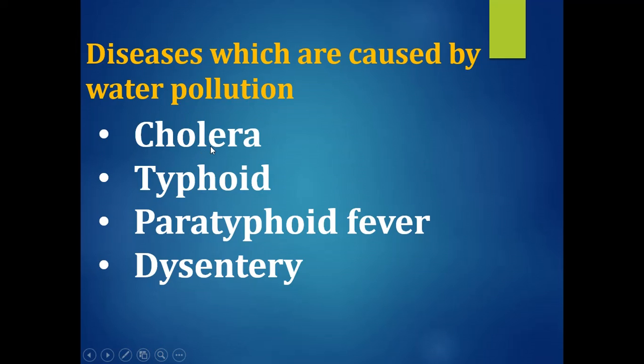Now we can see examples of diseases caused by water pollution, such as cholera, typhoid, paratyphoid fever, and dysentery. What are the examples of diseases caused by water pollution, children? Cholera, typhoid, paratyphoid fever, dysentery. So children, we must be careful.